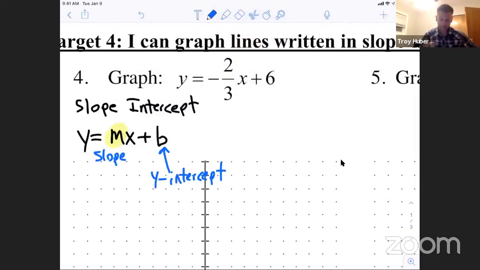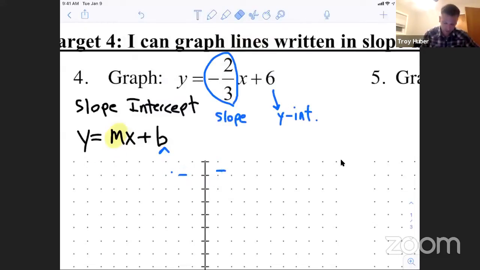Okay, so if we look at this example, negative 2/3 would be my slope, and positive 6 would be my y-intercept. So now we just have to graph this.